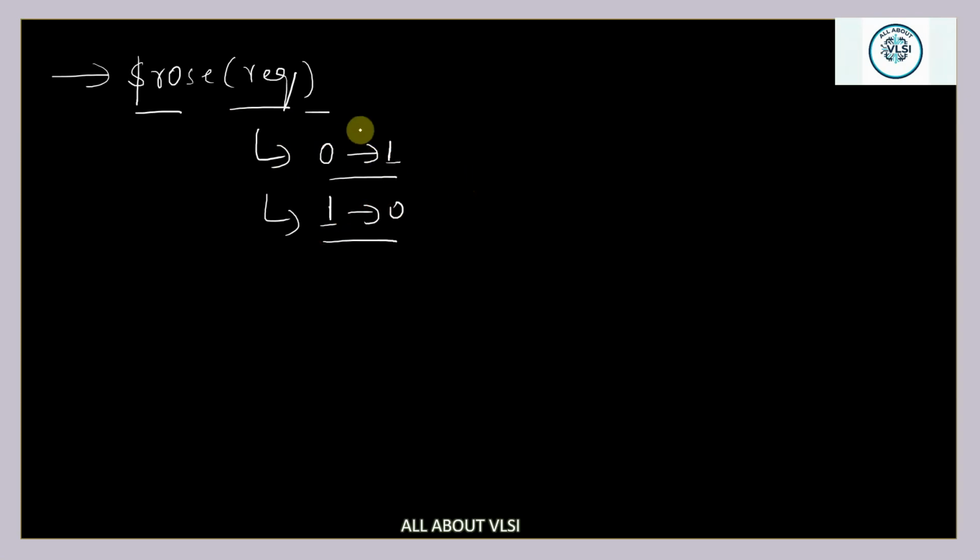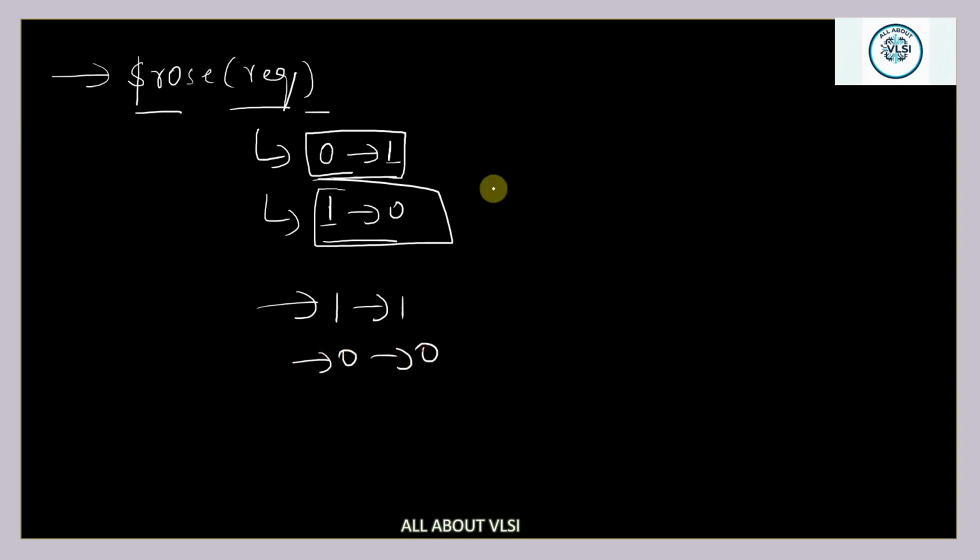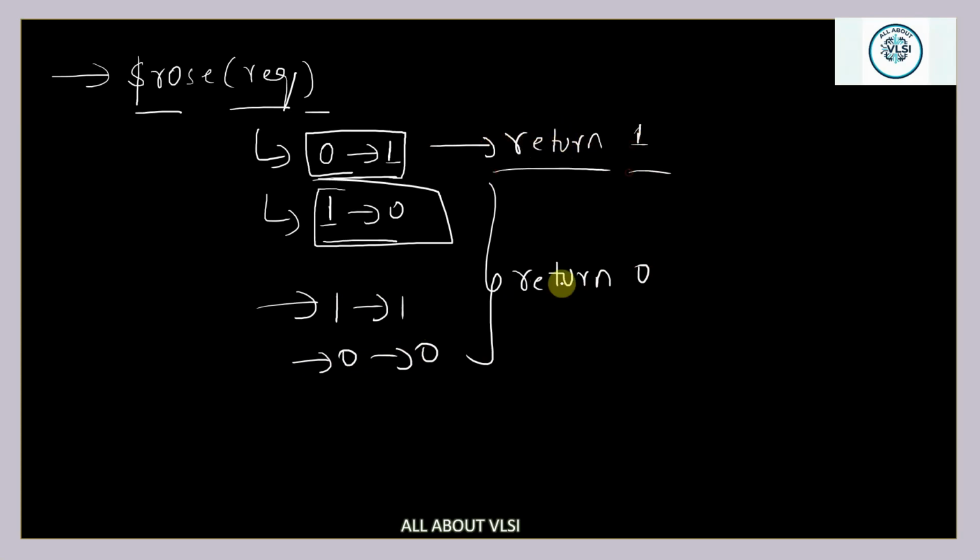So this function returns 1 if there is a transition from 0 to 1, and it returns 0 if there is a transition from 1 to 0, or if there is no transition at all. In these three cases the function returns 0, whereas in the first case it returns 1. This is how the $rose function works.